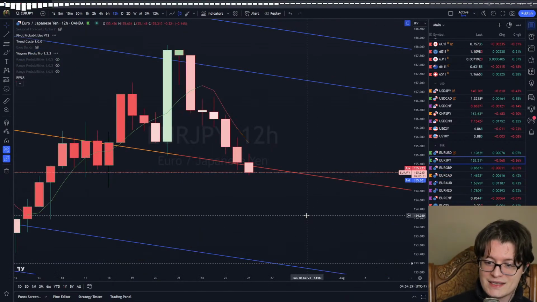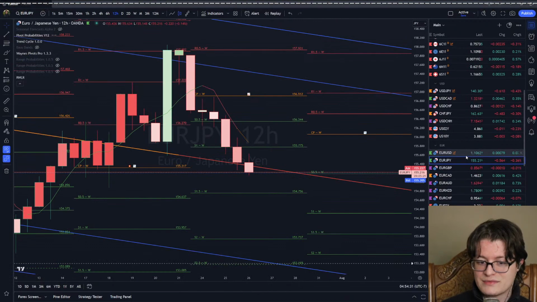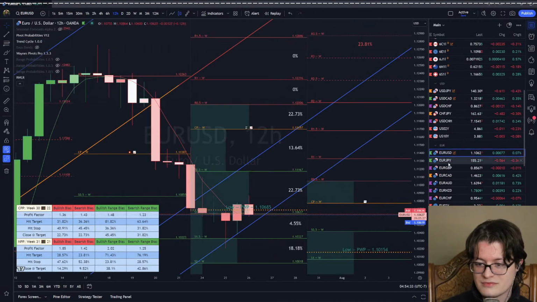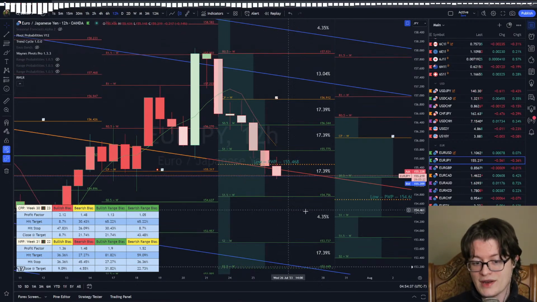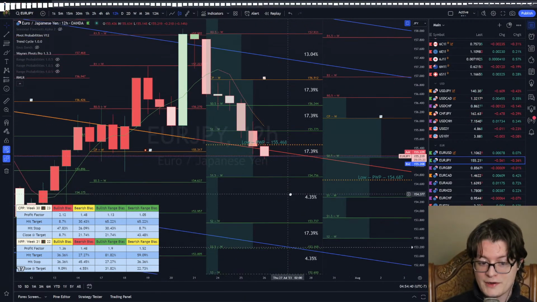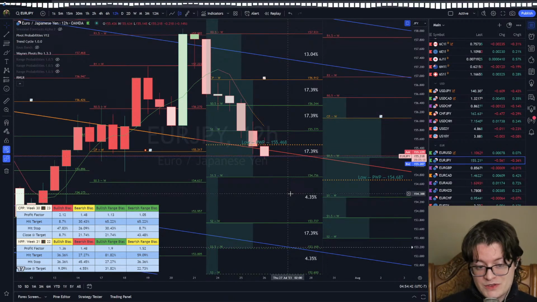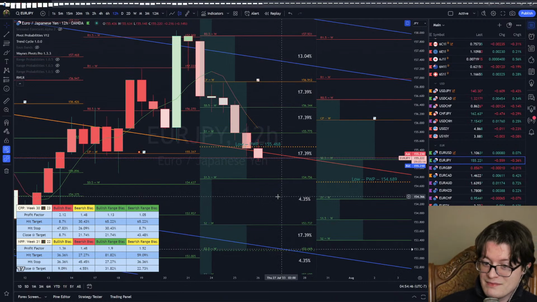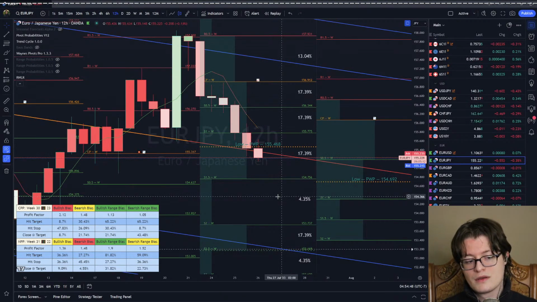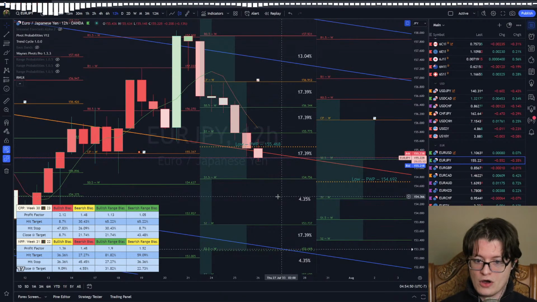Against the yen and against the dollar, well, more specifically against the yen, it's now at a probability weighted pivot low for the week. So it might be done. It might be. The truth is that this is all probabilistic.